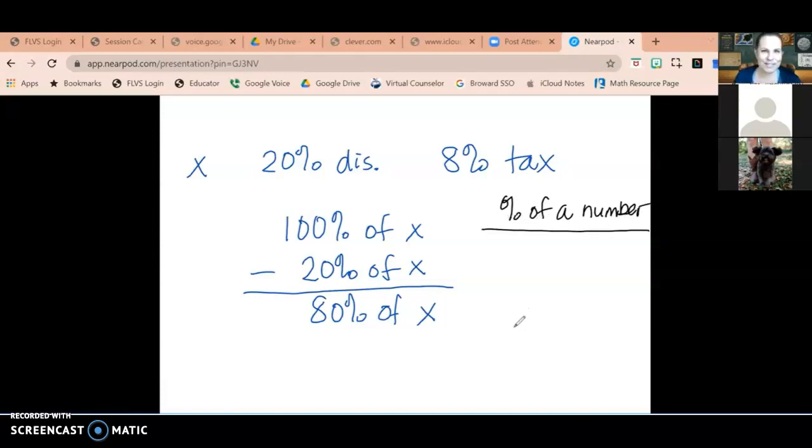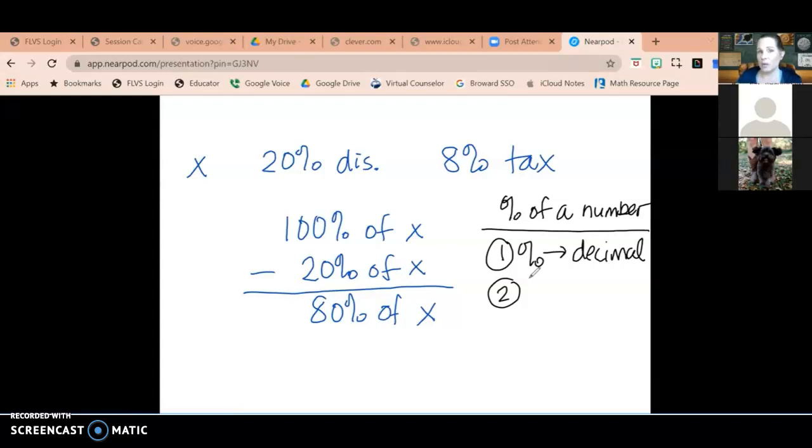Add this to your notes, if you have notes. The first thing you do is you convert the percent to a decimal. That is step number one.